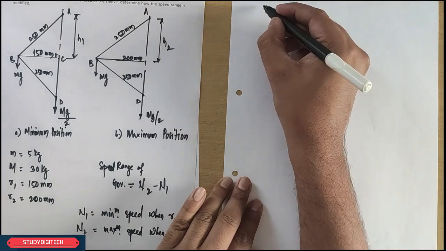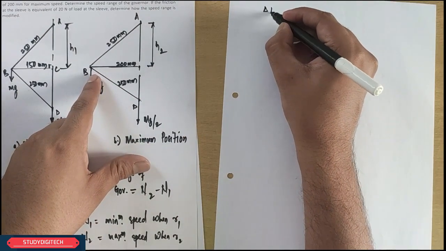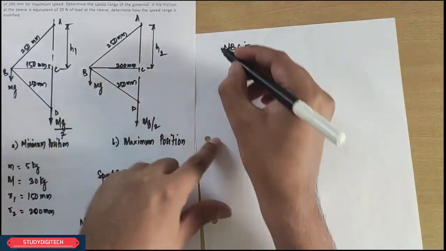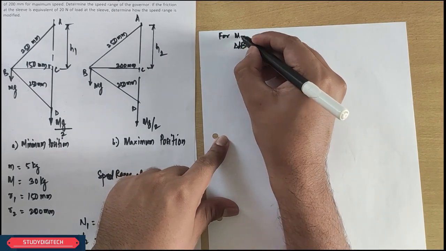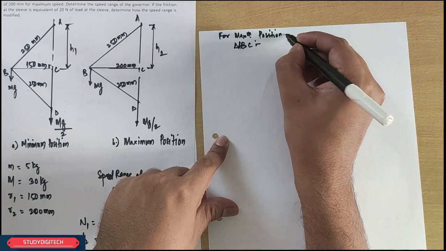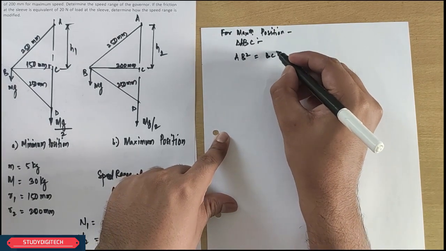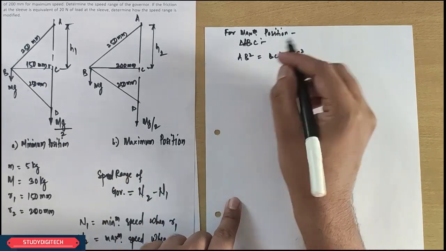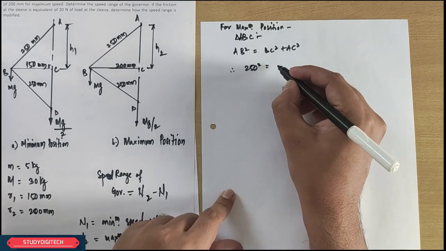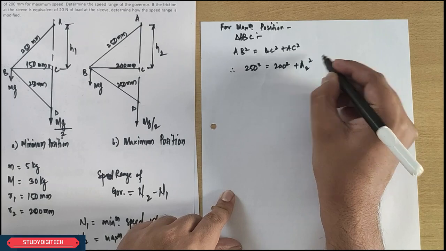Similarly, if we take triangle ABC for maximum position, again AB square is equal to BC square plus AC square. So we have AB as 250 square, BC equal to 200 square, plus AC as h2 square.